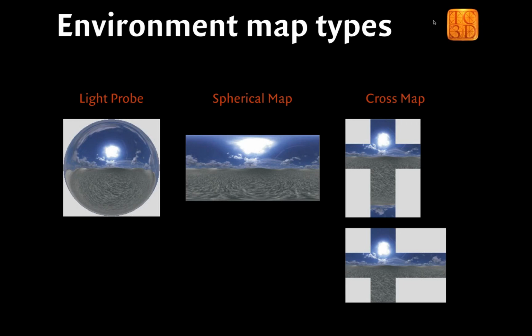You have a spherical map that a number of even iPhone applications can create for you. There is a free tool from Google that allows you to take a number of pictures with your iPhone, and then it will stitch them together.